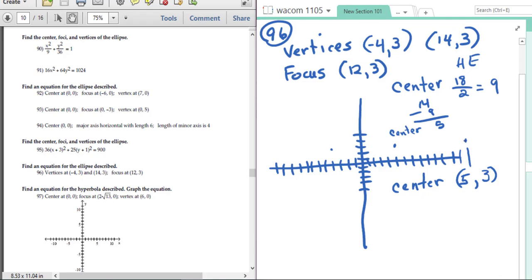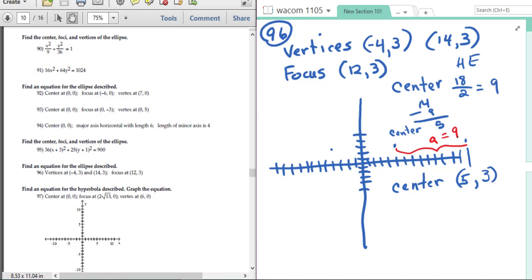So we have x minus h squared over A squared. A is 9, so this will be 81. Plus y minus k squared over, this is our B squared, which we just found is 32, equals 1, and we have to put in the h and the k.